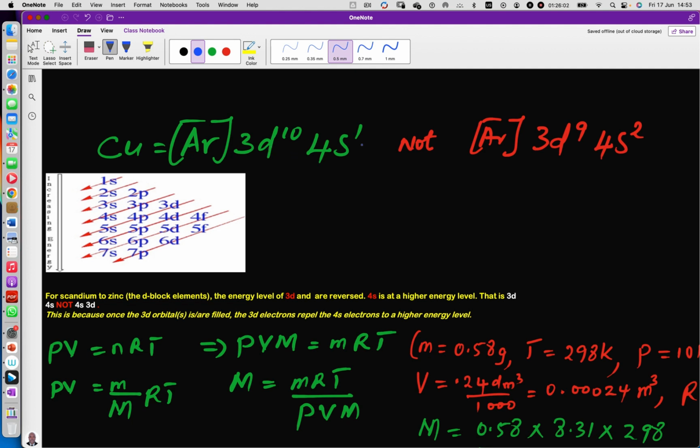It is 3d before 4s. This is because once the 3d is filled, the 3d electrons repel the 4s electron to a higher energy level. So the electronic configuration for copper is this one and not this one.